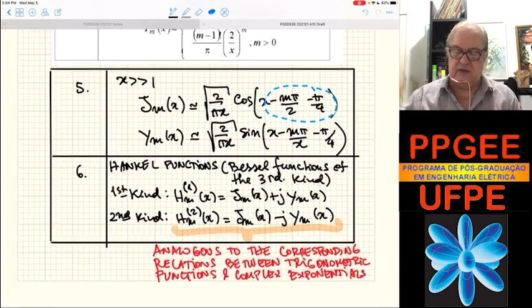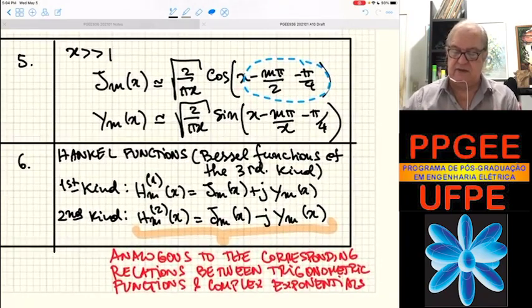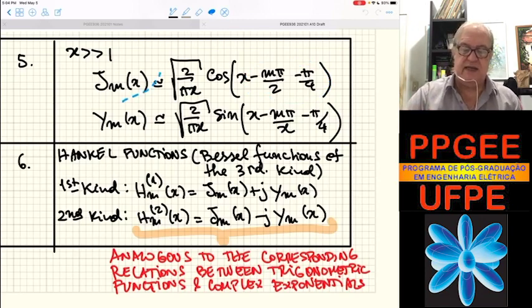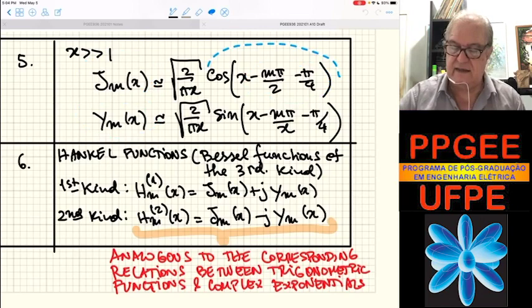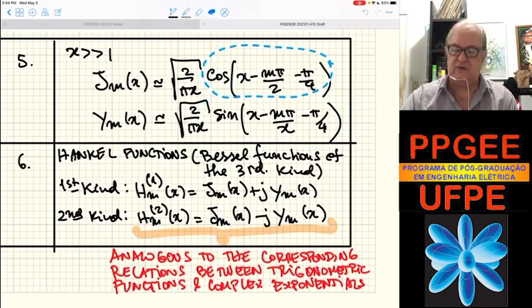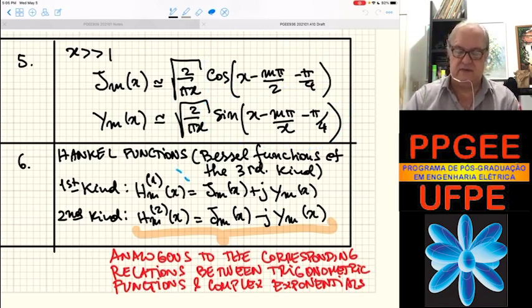And we can also construct Hankel functions, which are Bessel functions of the third kind, because you see, J and Y are like the cousins of cosine and sine, right? So you can construct combinations of those to build complex functions, which are the Hankel functions.